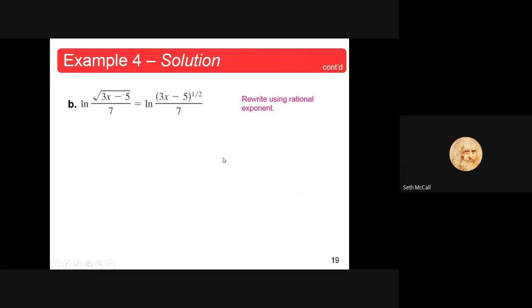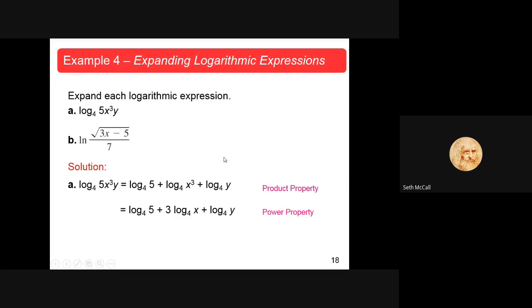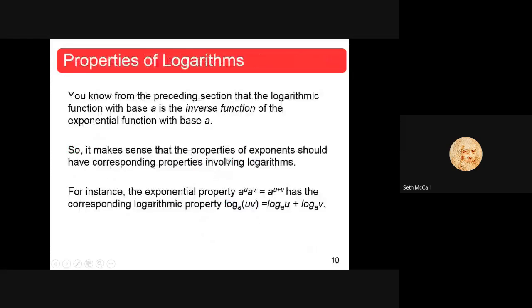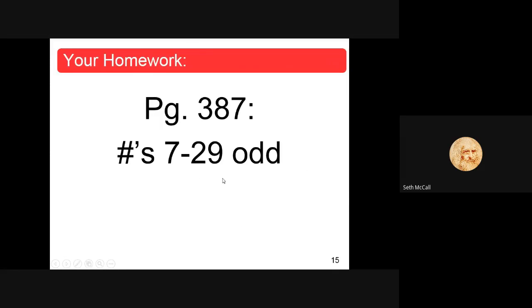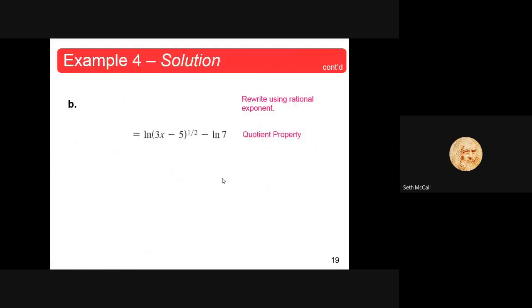So therefore, if I scroll back to those properties that we learned last time, you can use the quotient property, which is specifically for this scenario. When you're logging a quotient, you can divide it up and write the log of the numerator minus the log of the denominator. So that's exactly what we're going to do in this expression right here.